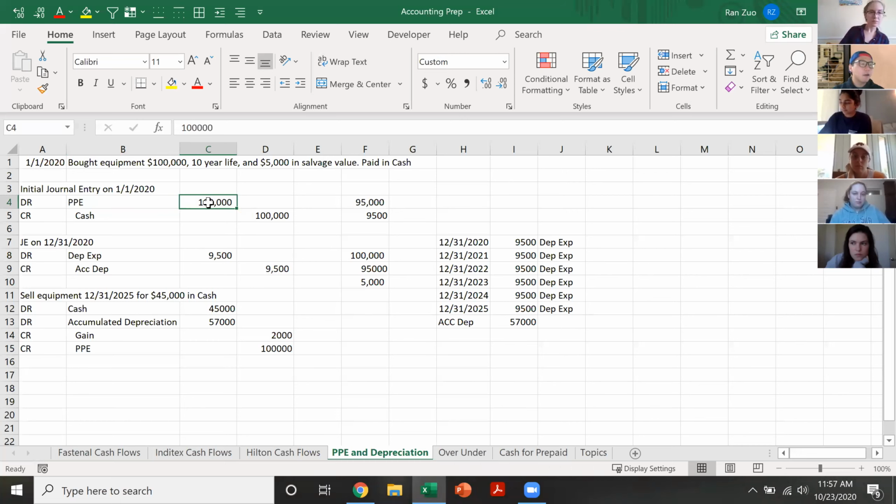It makes it easier. Another contra asset account is bad debt expense, related to accounts receivable. So you sell stuff on credit, and your customers presumably will pay you back, but not all of them will. Some of them will go out of business and can't pay you back. So you have to estimate exactly how much of that accounts receivable you expect to collect.